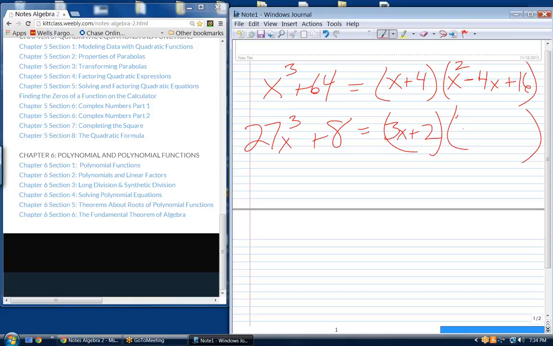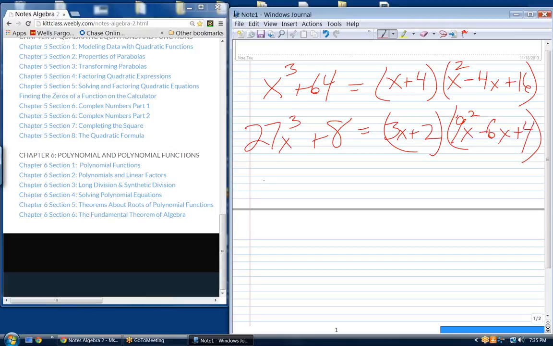And then 3x squared, which is 9x squared. In other words, it's quantity 3x squared. Okay. And minus 6x plus 4.